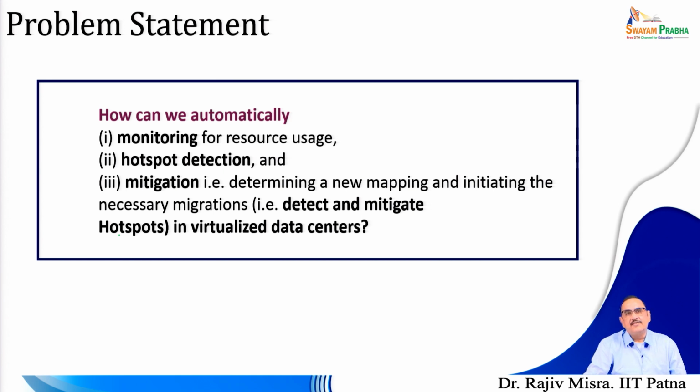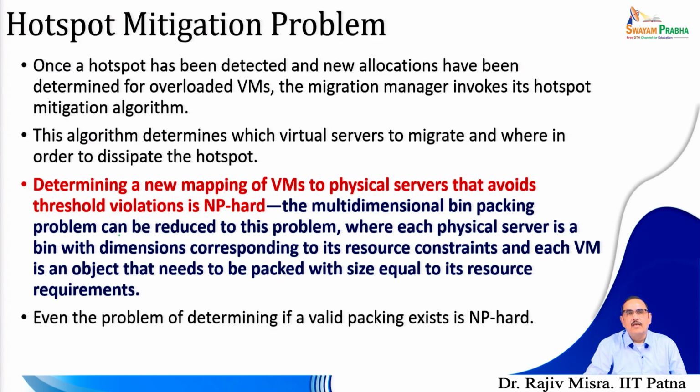So, the problem statement says: how can we automatically monitor the resource usage, how can we automatically do the hotspot detection, and how can we automatically mitigate, that is, determine the new mapping and initiate the necessary migration, to detect and mitigate the hotspot in a virtualized data center environment. So, let us see some use cases, called hotspot mitigation, and how virtual machine migration is going to solve this in a virtualized data center.